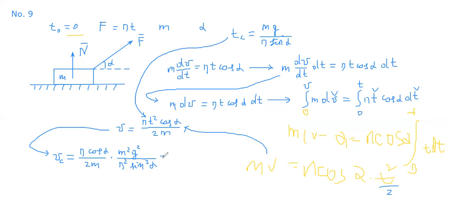And after making some algebraic transformations, we will have m g squared cos alpha divided by 2 eta sin squared alpha.